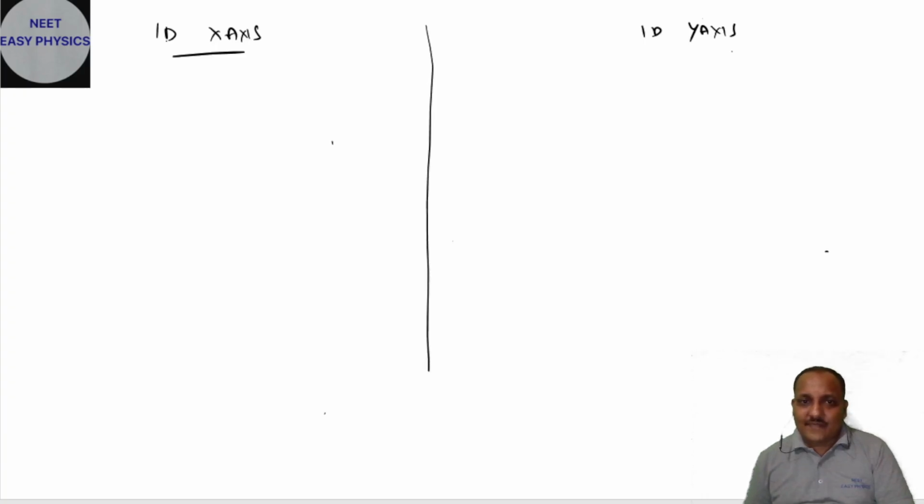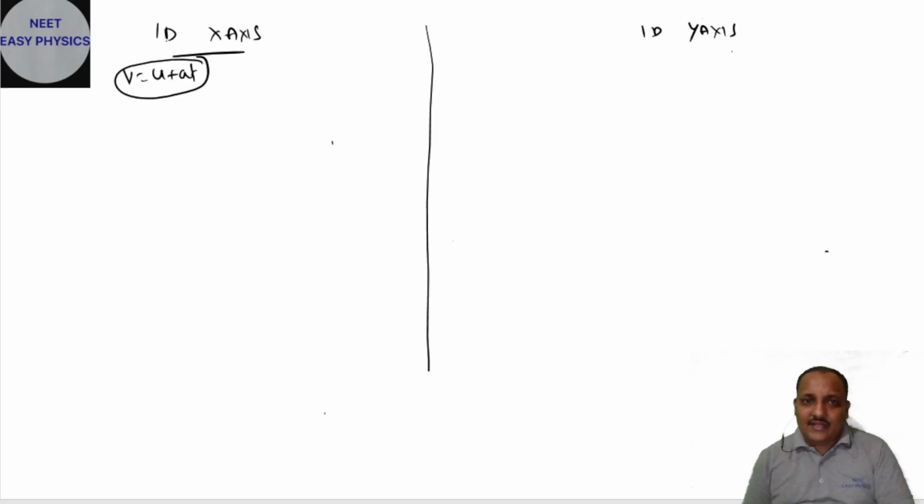Now this 2D motion is one-dimensional along the x-axis and one-dimensional along the y-axis. Let's see how the equations of motion change. We know three equations of motion. V equals u plus at.